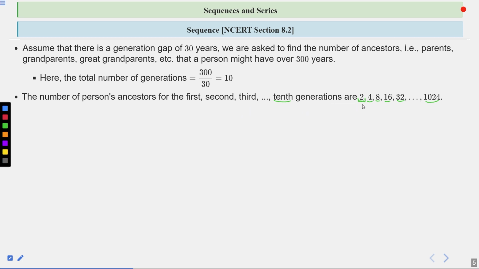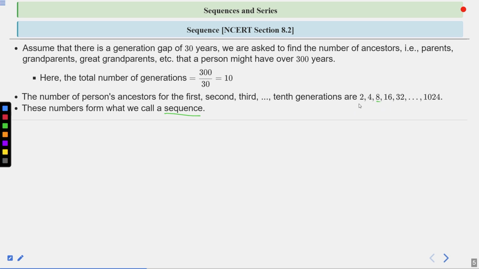Here we have two parents, then grandparents, then great grandparents, etc. These numbers form what we call a sequence, because you can easily say what member of this list is at what position.